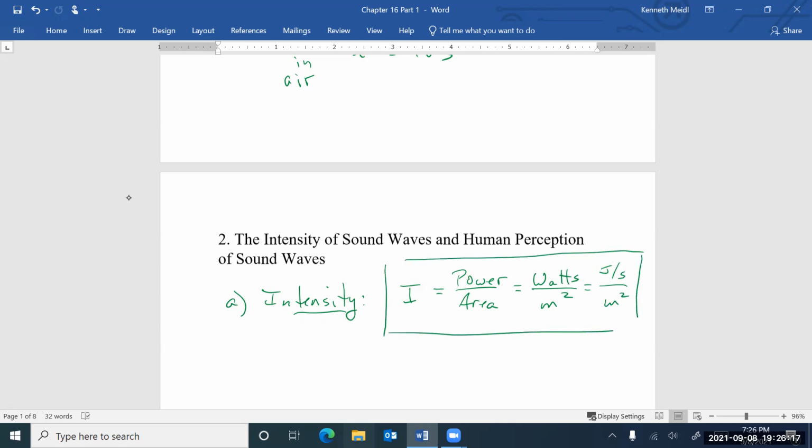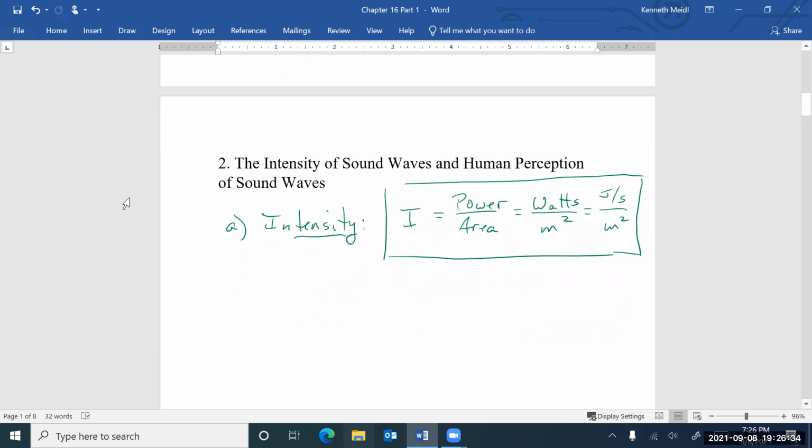It's how much energy is hitting some sort of surface, maybe your eardrum if you're perceiving it, per second per that amount of space. And we make these measurements on people. What we have is something that we call the threshold of hearing. These would be the very, very dim sounds that the average human being can just barely hear.